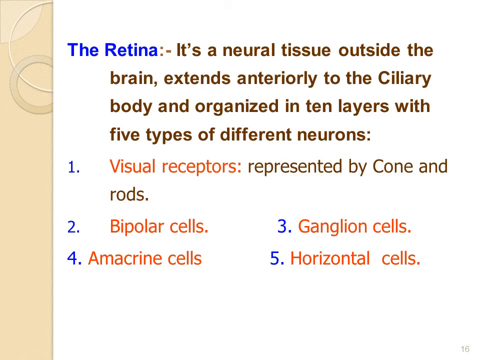These 5 types include the visual receptors, which means cones and rods, and also bipolar cells, ganglion cells, amacrine cells, and horizontal cells.